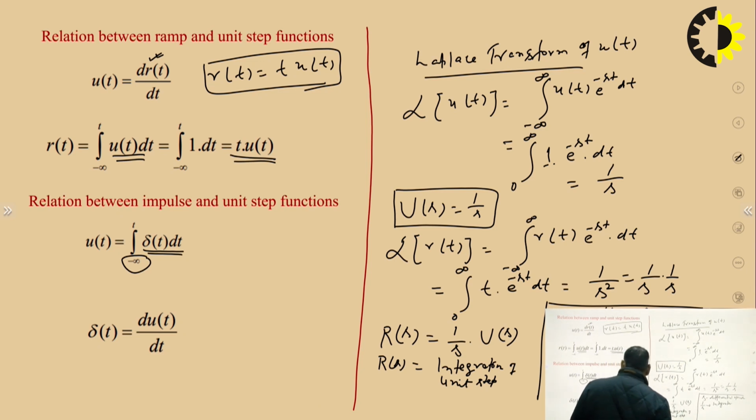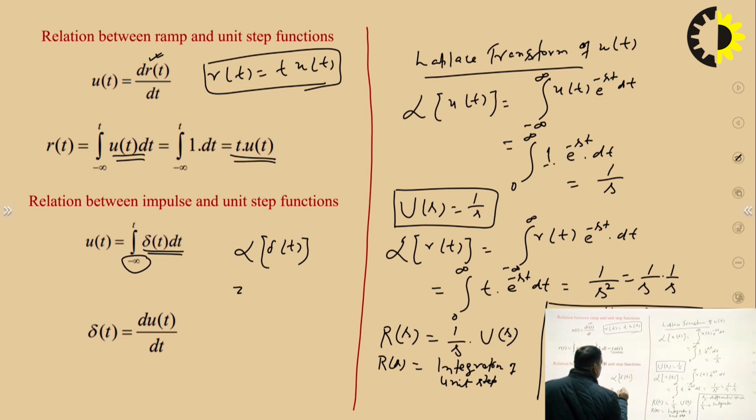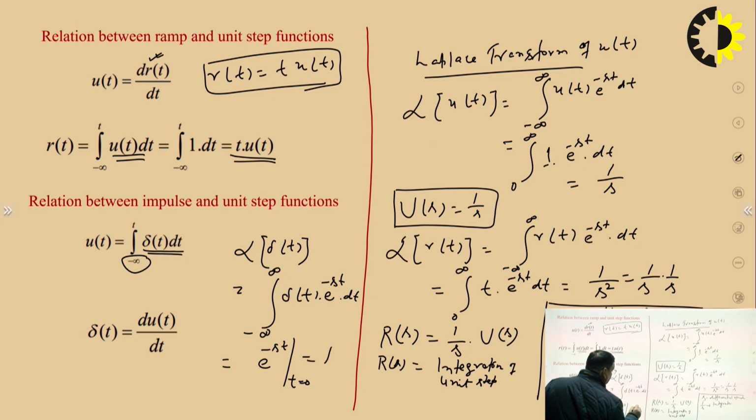Now the Laplace transform of this delta t. If we take the Laplace transform of delta t, it is minus infinity to plus infinity delta t e to power minus st dt. So it is e to power minus st at t is equal to 0, so this is 1.